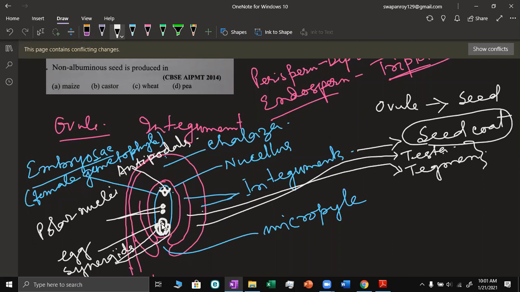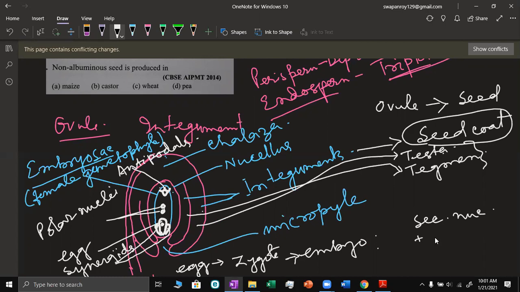The egg after fertilization forms the zygote, and from the zygote the embryo. The polar nuclei form the secondary nucleus, which is diploid, and then one sperm fuses with it after fertilization.